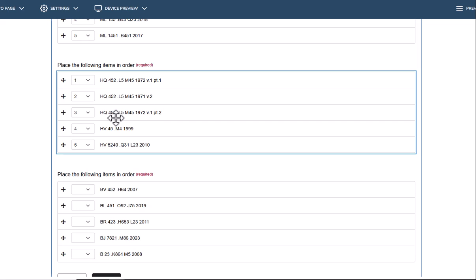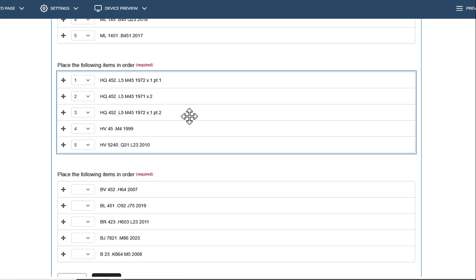At this point, they are all the same. They have not diverged. We're moving on to that first cutter number. We have point L5, point L5, and point L5. They still have not diverged. Okay, that second cutter number, point M45, point M45, and point M45. Still no difference. Okay, so now we actually have to move on to the date.